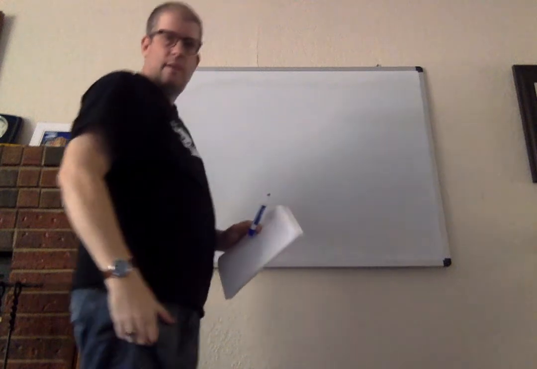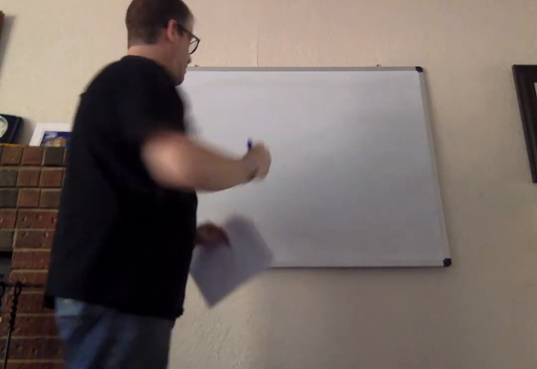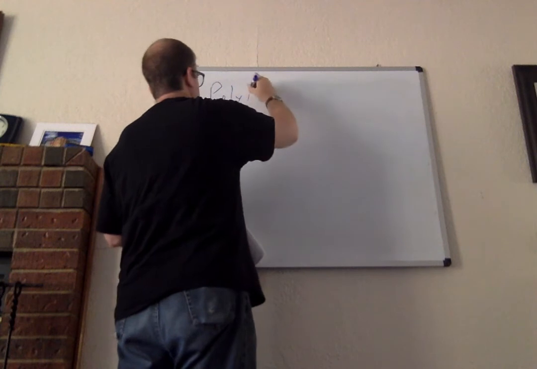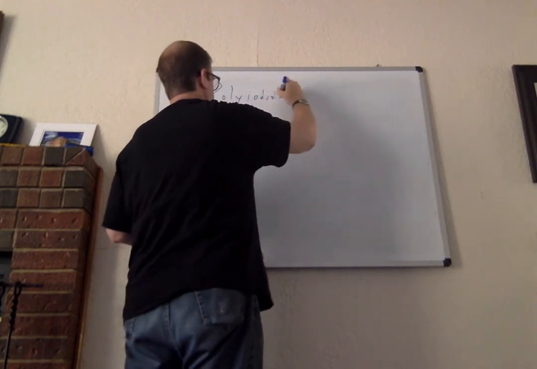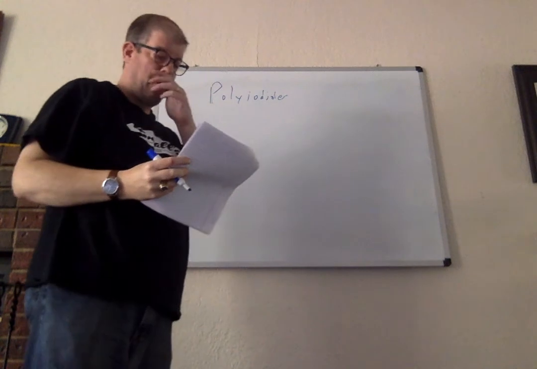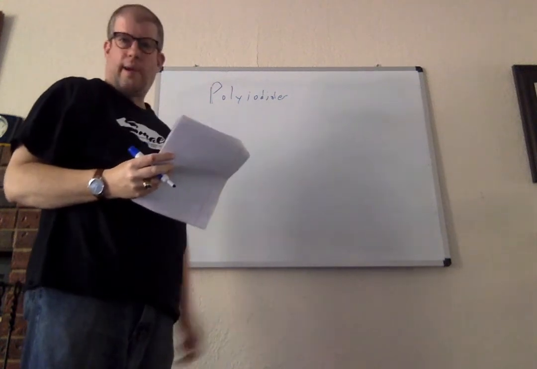And then finally, the polyiodides. These are going to be negatively charged things with more than one iodine.